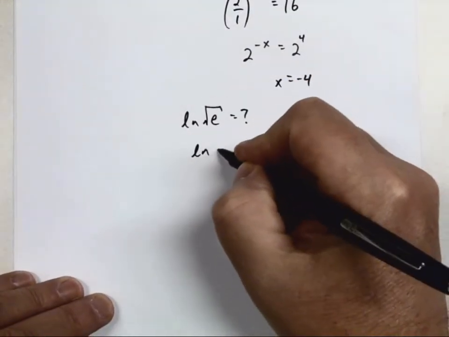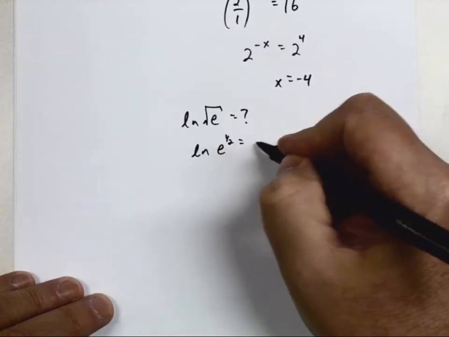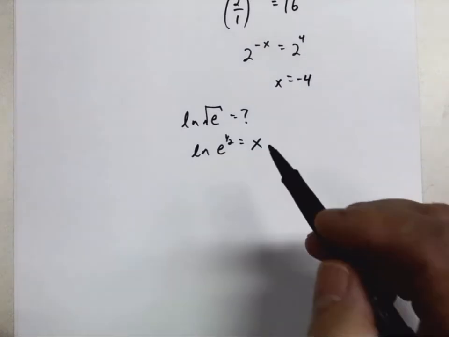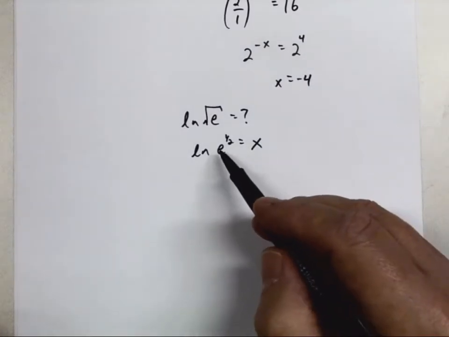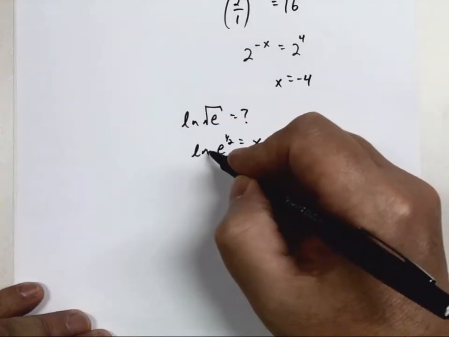So I'm going to rewrite this. Square root of e is the same thing as e to the 1/2, right? Now here there's two ways to do this. I could convert this to an exponent, which I'm going to do, and you know what?